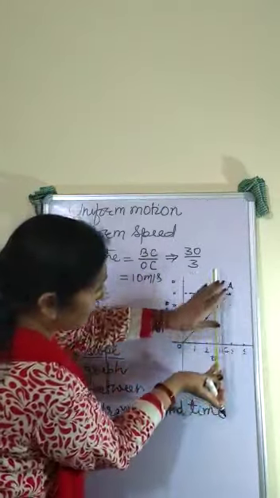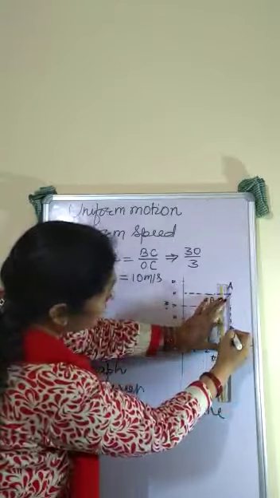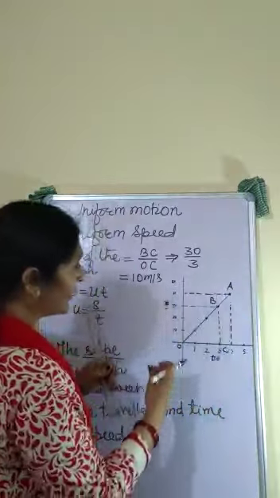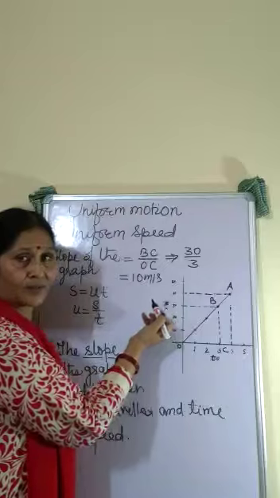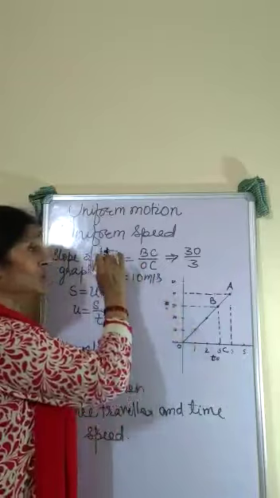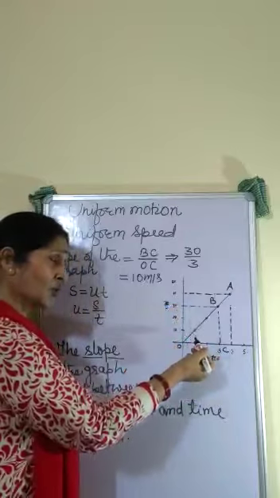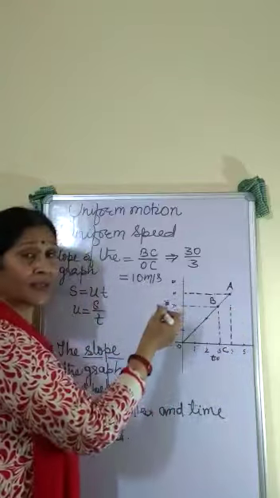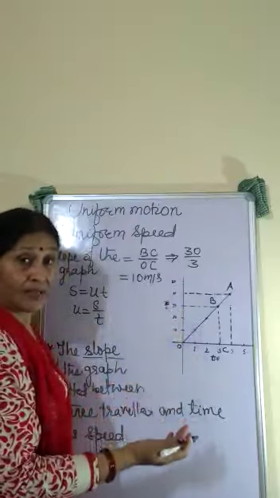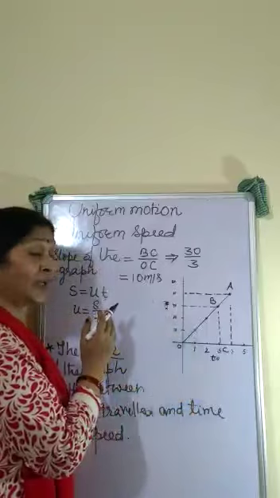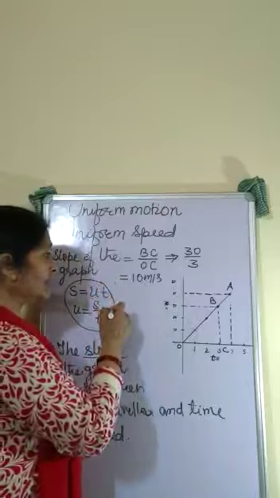Then the corresponding time will be 4 seconds. And again 40 by 4, you will get 10 meter per second. So in the case of uniform speed, you will find out the slope from any point, you will get the same amount, 10 meter per second. Now why do we say the slope will give the speed? Due to this resemblance. This resembles this.